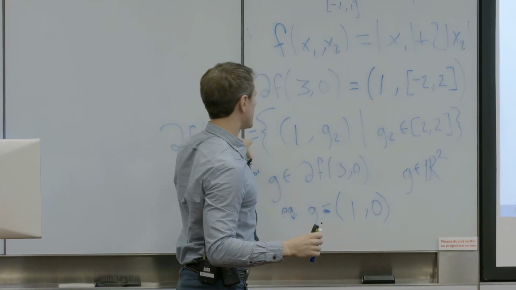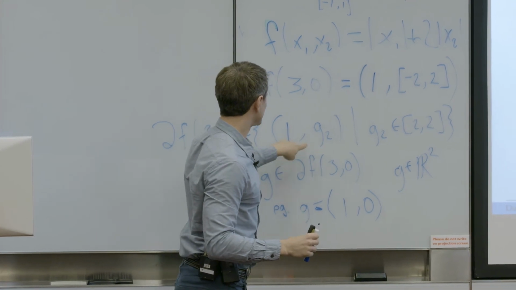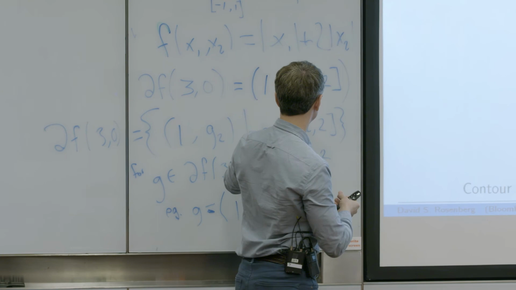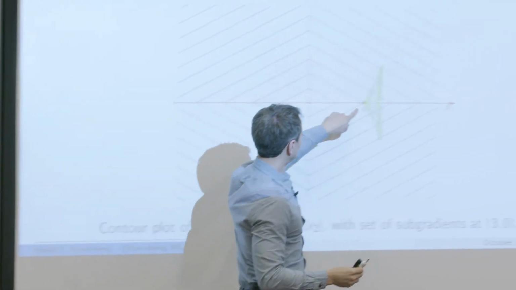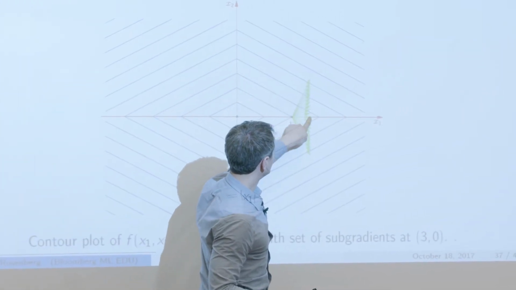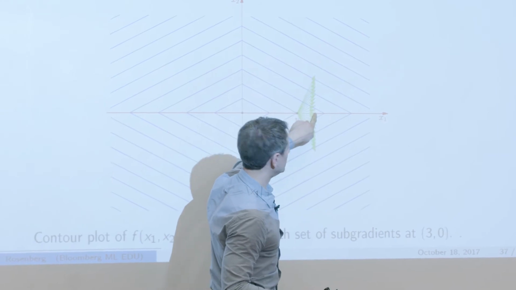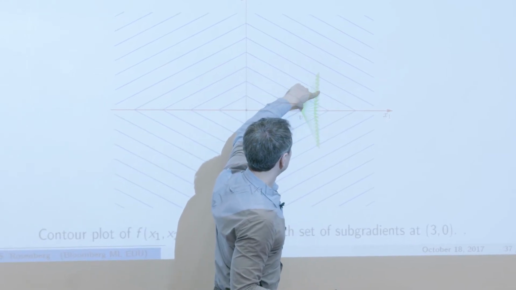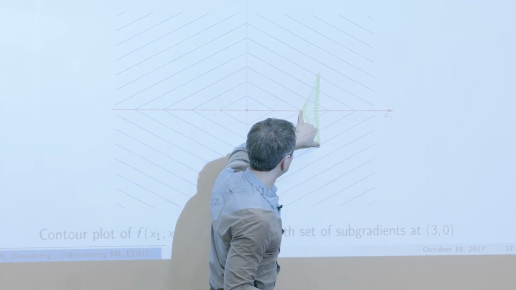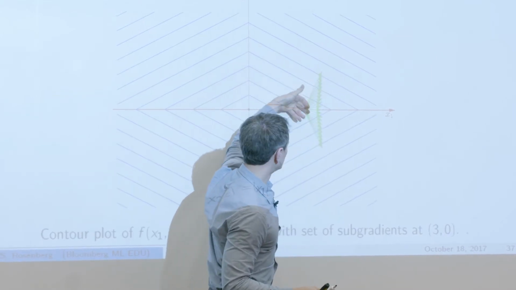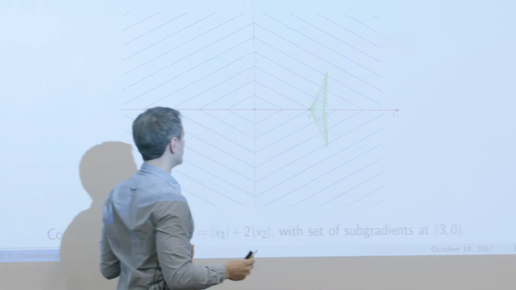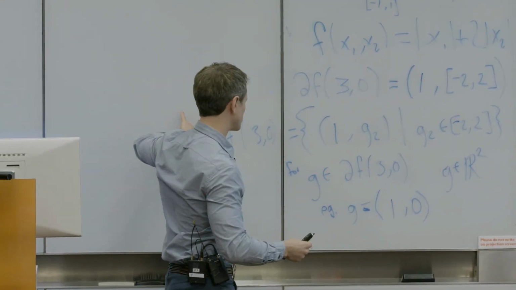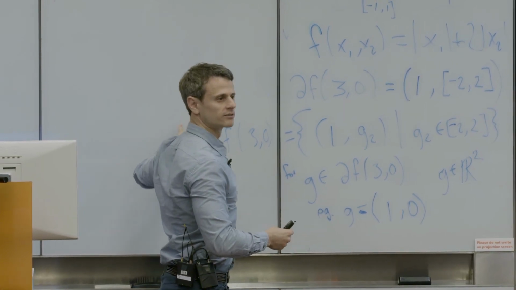Every green arrow should be (1, g2) for g2 in negative 2 to 2. So you see that if g2 is 0, this length would be 1. So that's the x1 piece. And then this would range from negative 2 to 2. Right? So these are a whole bunch of subgradients drawn based on the calculation we did over here.